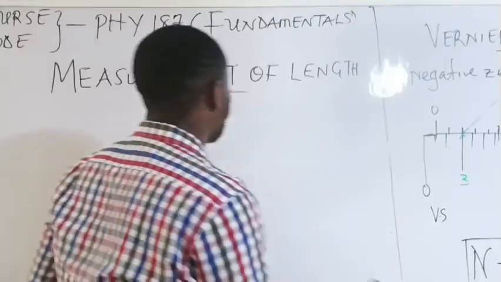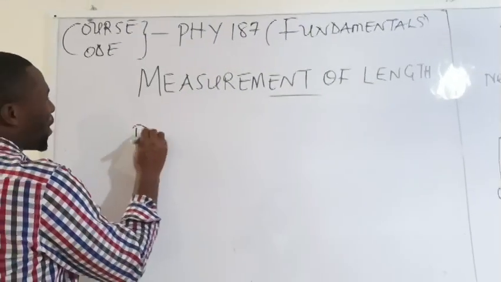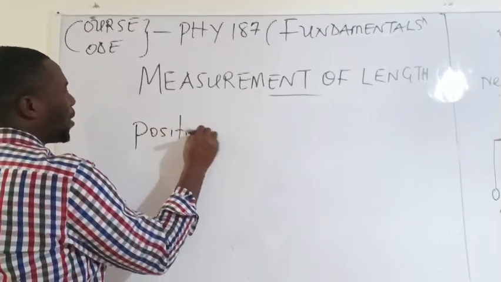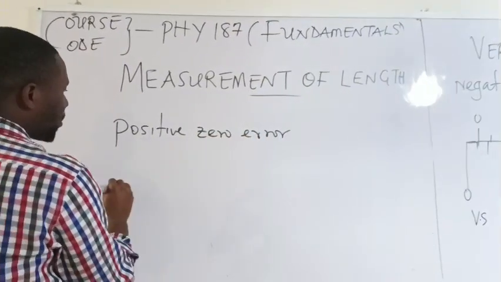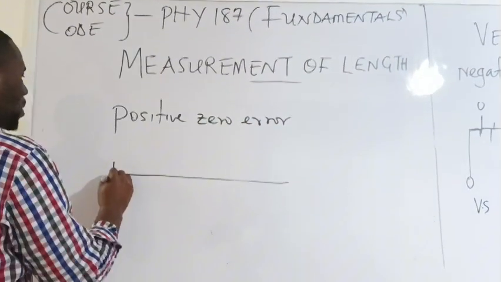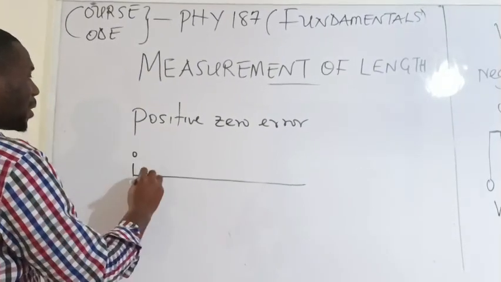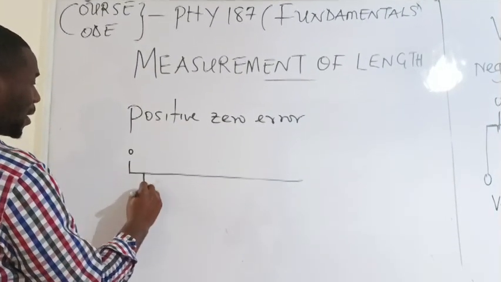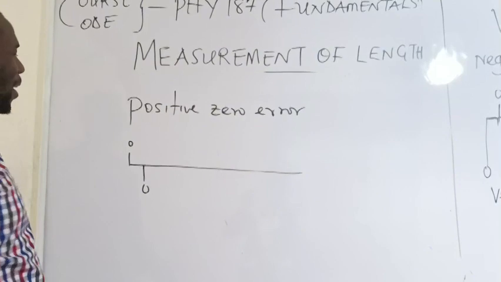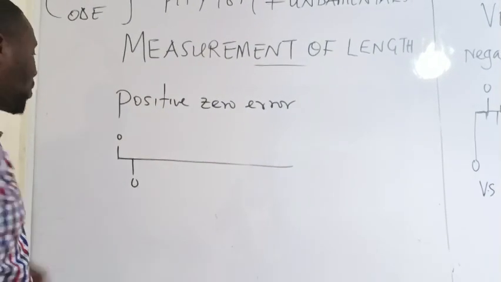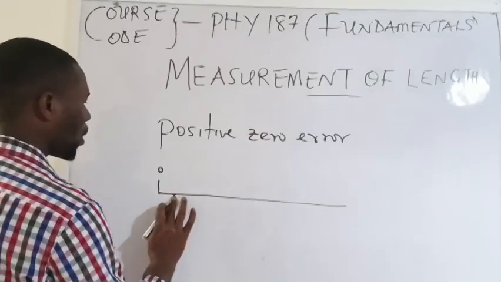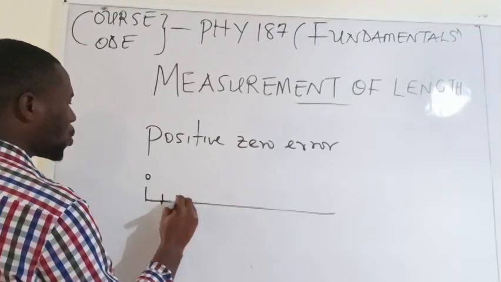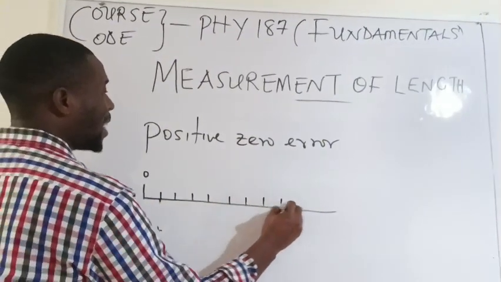Alright, now we could have the positive 0 error. It is when the 0 on the vernier scale is after the 0 on the main scale. That's positive 0 error. So let me stick in some markings. This is the main scale, 0 on the main scale. Let me just say this is 1, 2, 3, 4, 5, 6, 7, 8, 9.